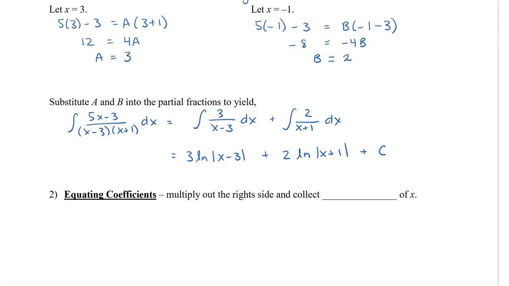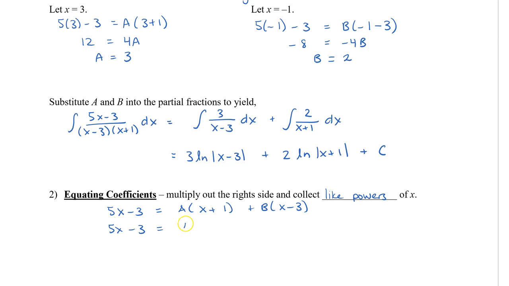Now the second method is called equating coefficients, and it requires us to multiply out the right side and collect like powers of x. So I'm going to proceed by multiplying out my right side. Let me just recopy this out first: A times x plus 1 plus B times x minus 3.